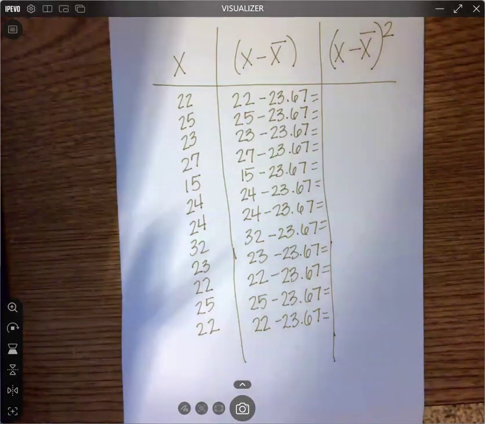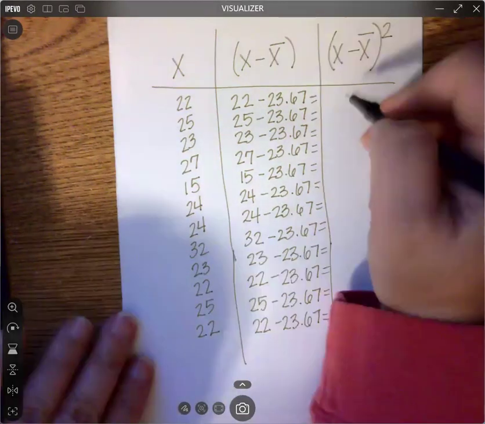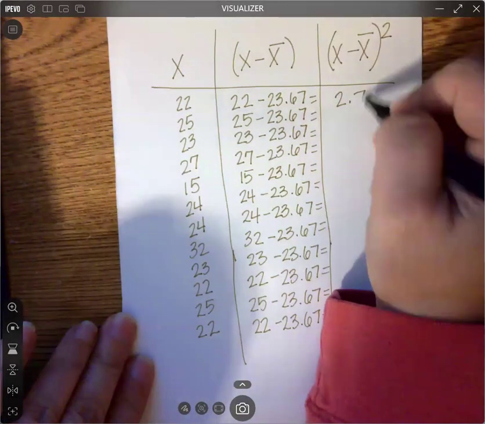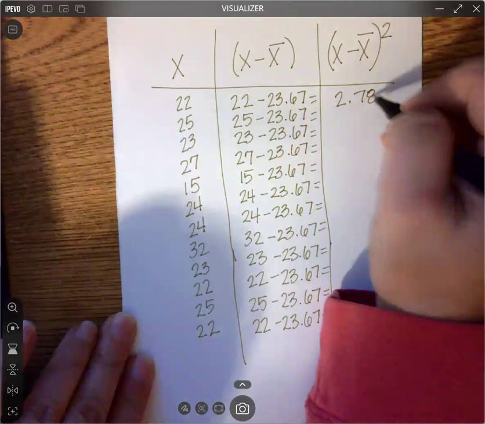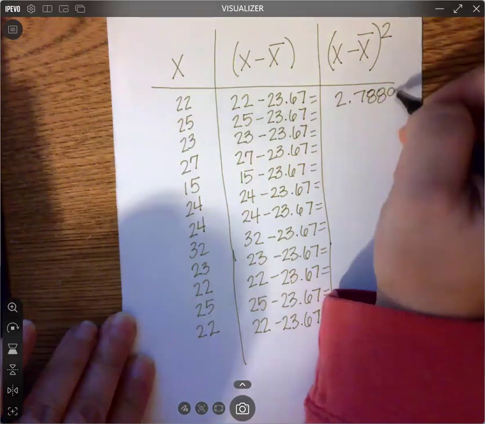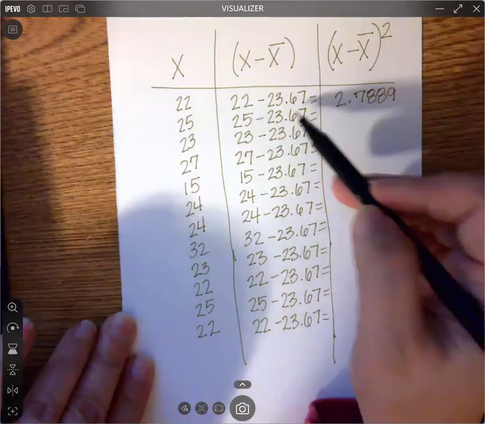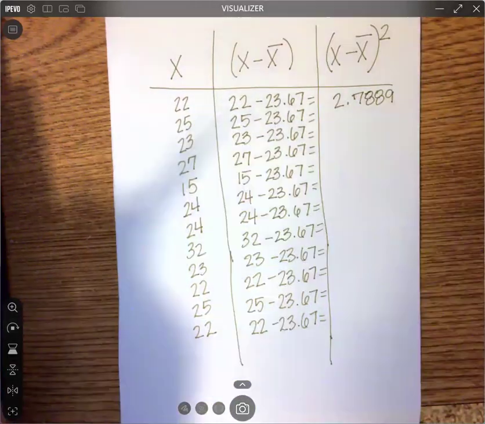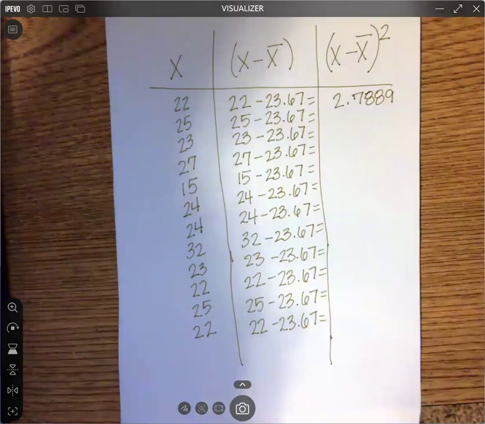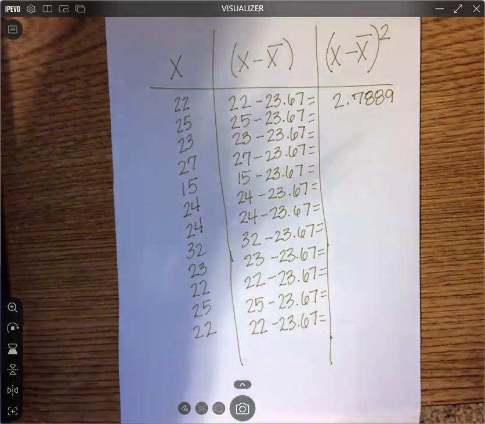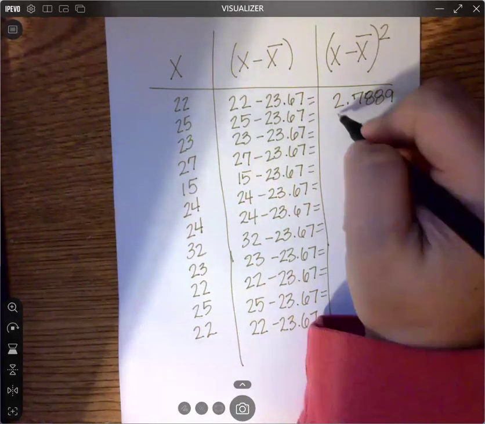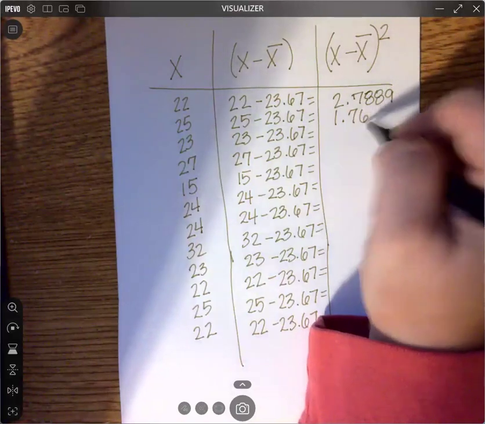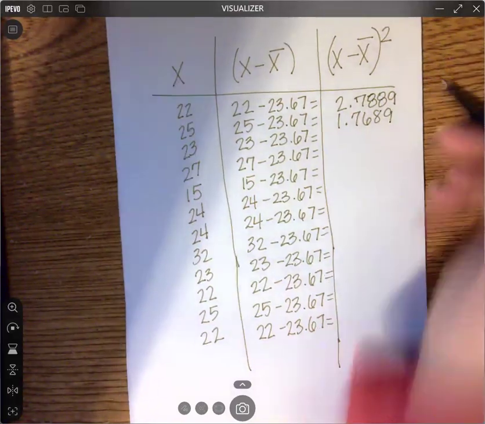So 2.7889. Again, I'm taking this number minus this one, taking the answer on my calculator and squaring it. All answers should be positive because when you square a negative number, you always will get a positive.